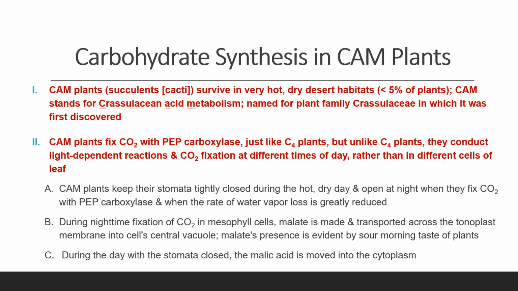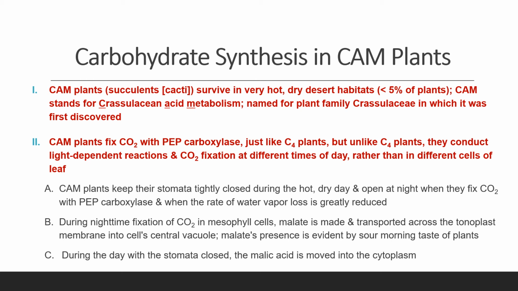Many desert plants such as cacti have another biochemical adaptation that allows them to survive in very hot and dry habitats. These are your CAM plants, and they utilize PEP carboxylase in fixing atmospheric carbon dioxide just like your C4 plants.